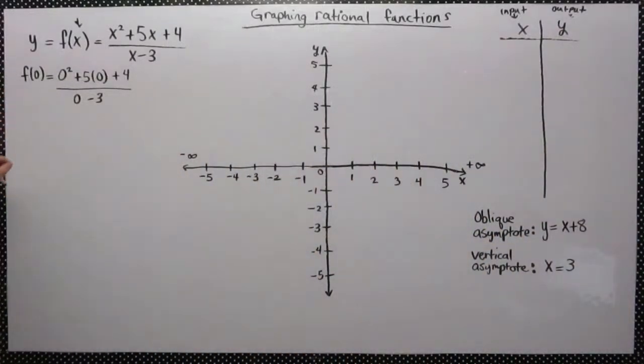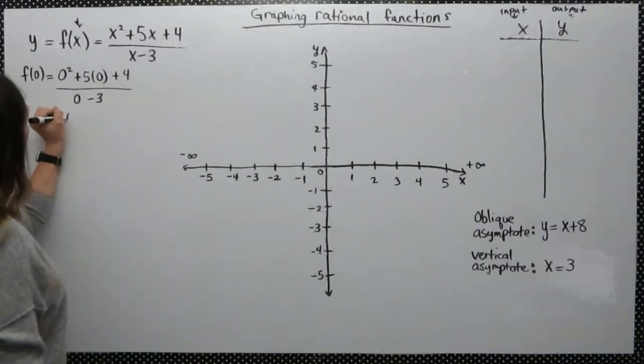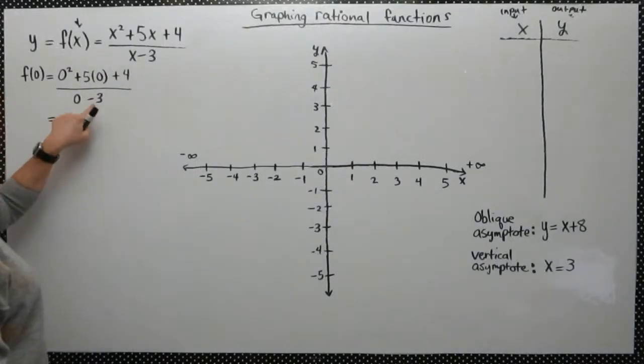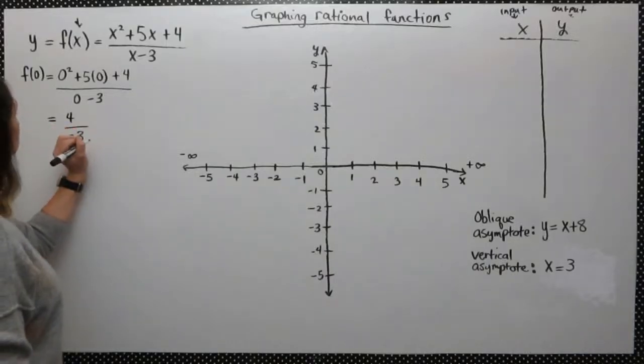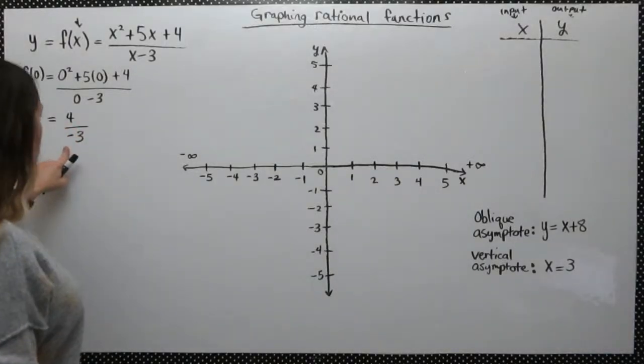And it looks like 0, 0. So this is going to be 4 in the numerator, and 0 minus 3 is negative 3. So this is giving me a value of 4, negative 3 when x is 0.